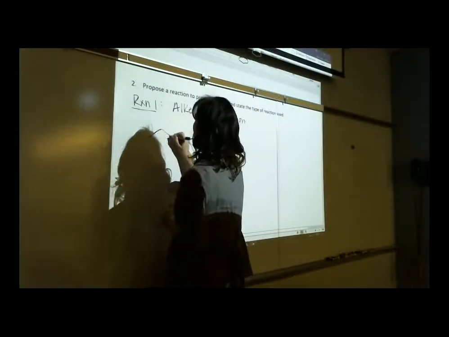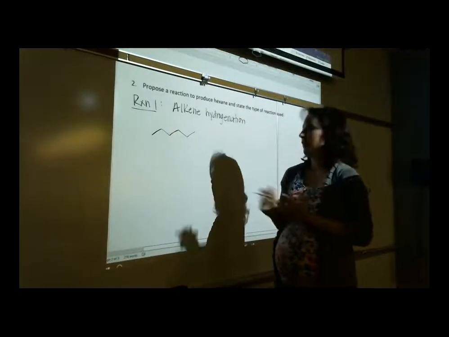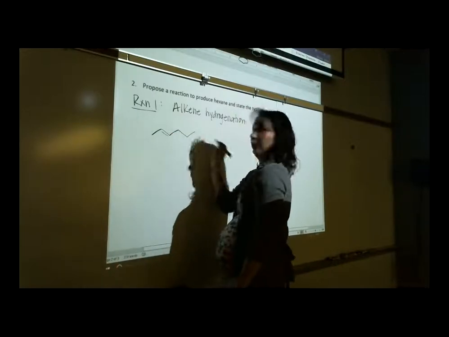Now, to get hexane, 1, 2, 3, 4, 5, 6, does it matter where the double bond is? As long as it's in there somewhere, right? You could have made it here, here, here, here, here, anywhere, right? Why does it not matter where the alkene is?